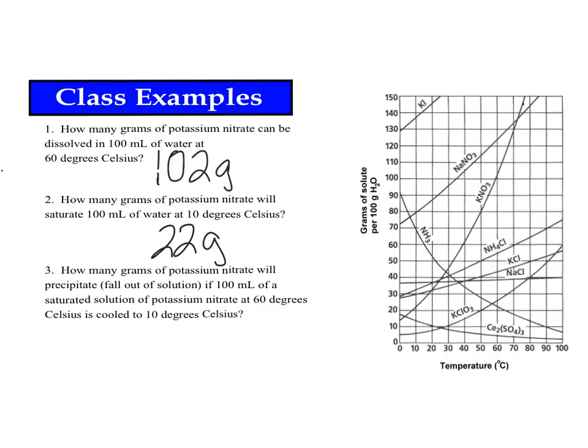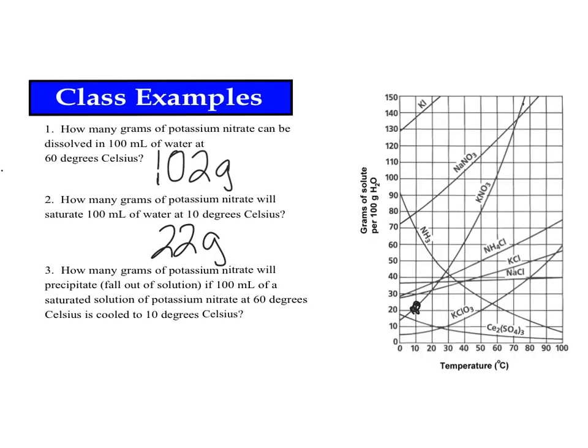So, thanks to question number 1, I know that when a 60-degree solution is saturated, it's 102 grams of potassium nitrate dissolved. When I cool that down to 10 degrees, though, based on my curve, I can only dissolve 22. That's what question 2 had me find.